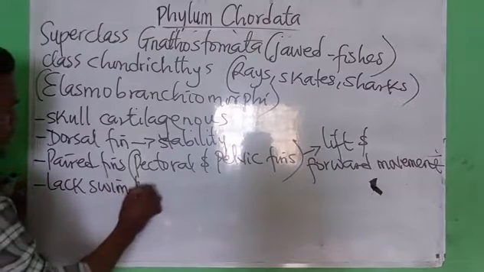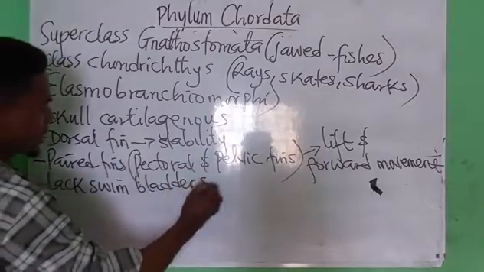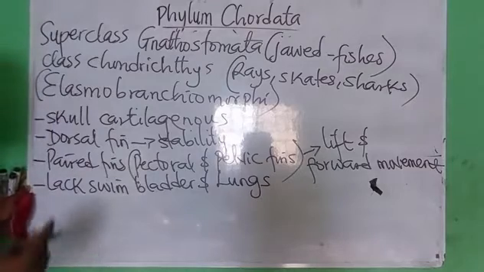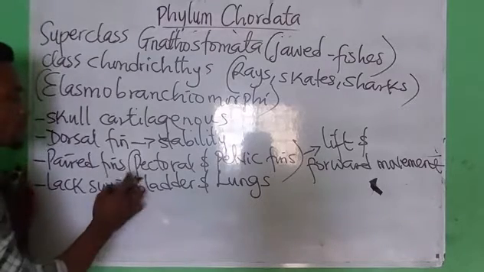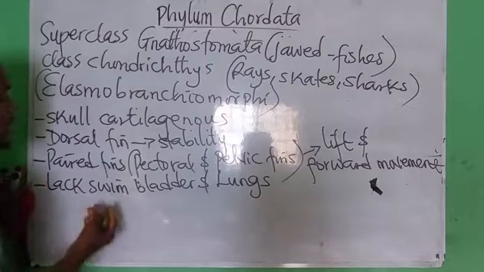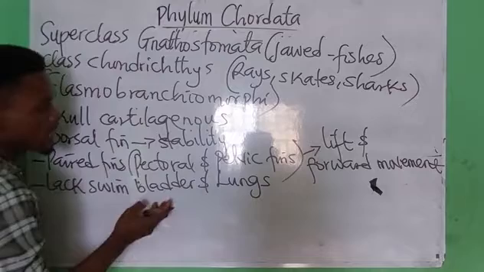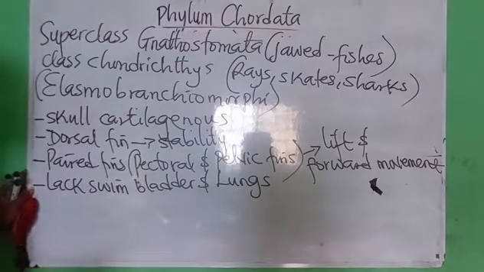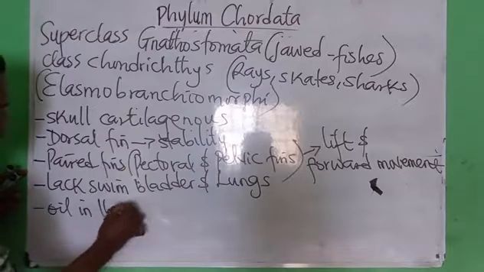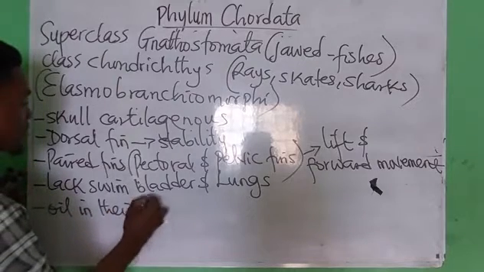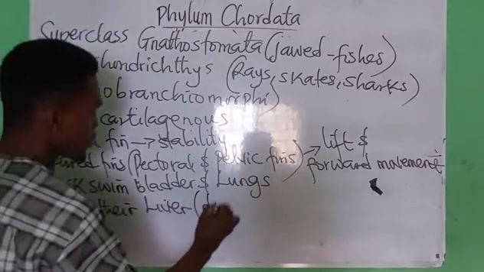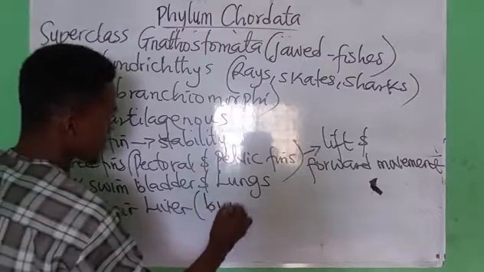Please, these guys, they lack swim bladder and lungs. If they lack swim bladder, we all know the function of the swim bladder, it enhances buoyancy. Now, since they lack swim bladder, what do you think plays the role of buoyancy? Please, they have oil in their liver. Sorry, they have oil in their liver that does the work of buoyancy.